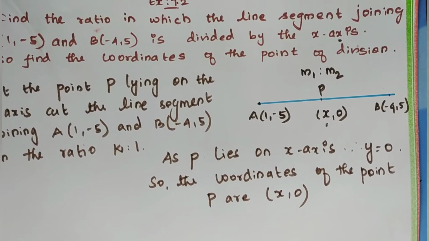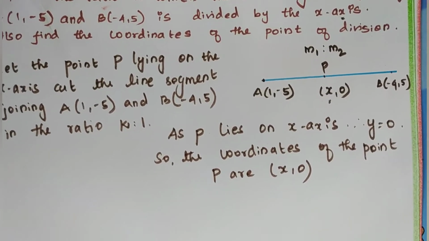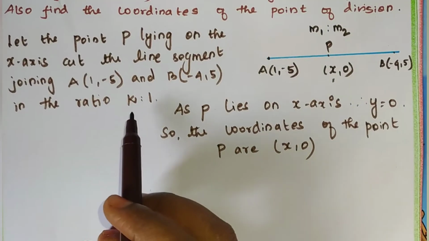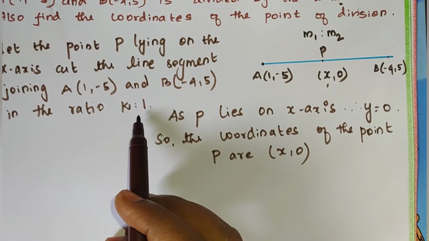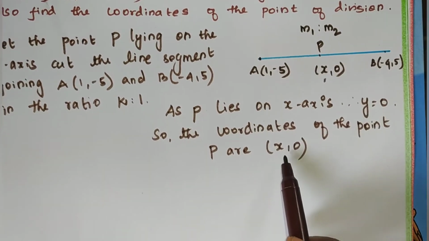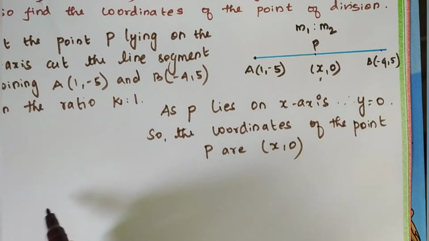Clear, children? Now, first what we have to find? K is to 1 ratio, and we have to find the value of x. First write the section formula.